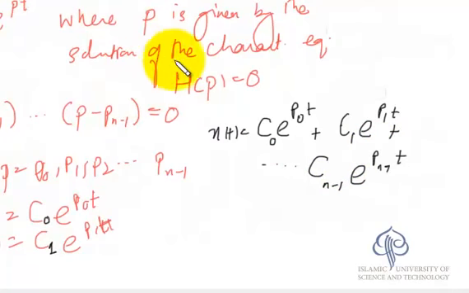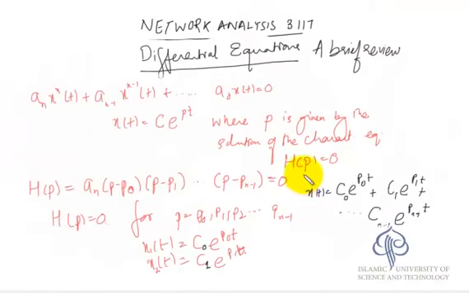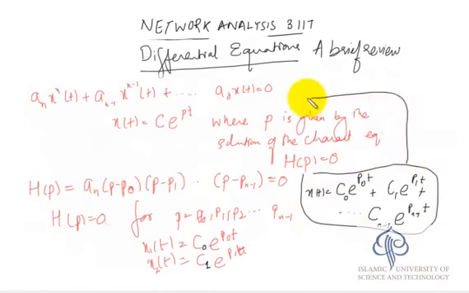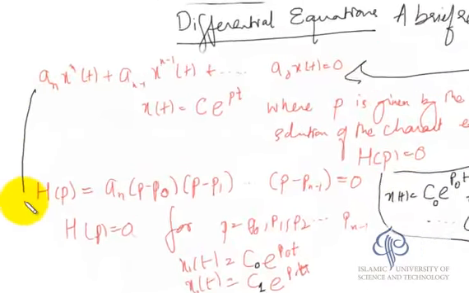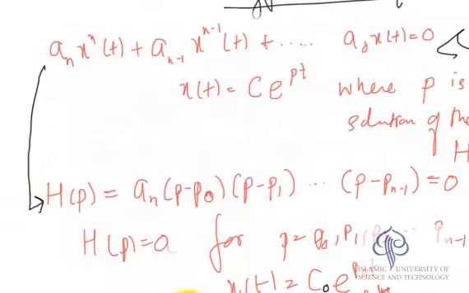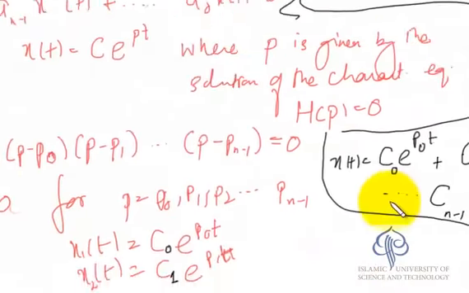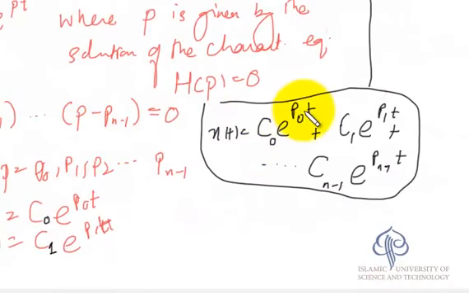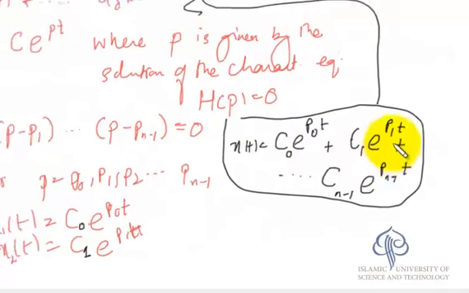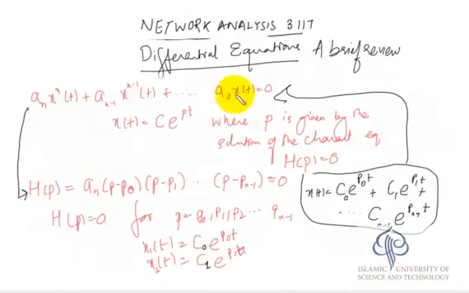So please remember that this is a solution to the differential equation whose characteristic equation can be written like this. And it is a solution because of the principle of superposition, because independently C0 e to the power p0t is a solution, and independently C1 e to the power p1t is a solution to this, and the sum also has to be a solution because the right hand side is a 0.